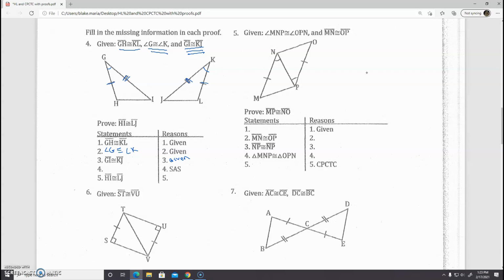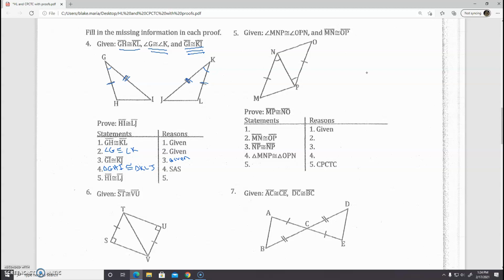Are these two triangles congruent? Well, yes, they're congruent by side angle side. So remember, when you see side angle side, that's proving two triangles are congruent. So triangle GHI is congruent to triangle KLJ by side angle side.